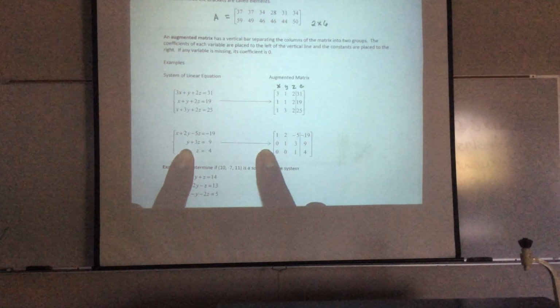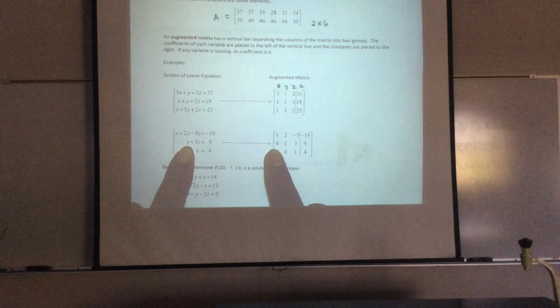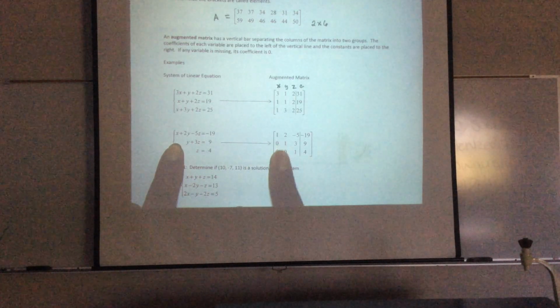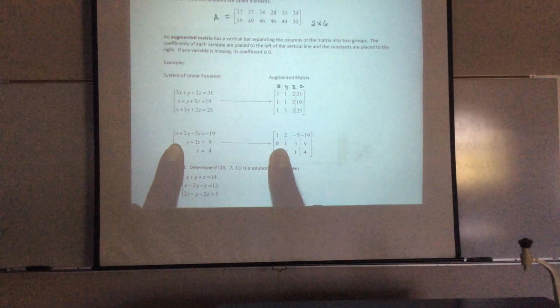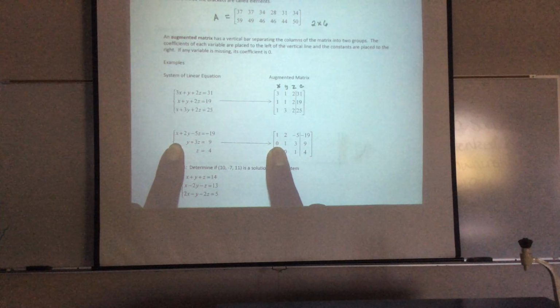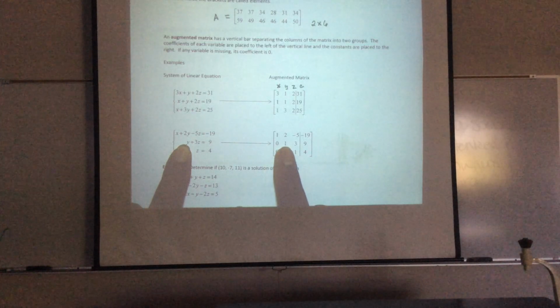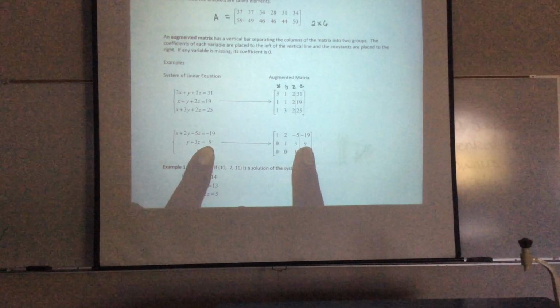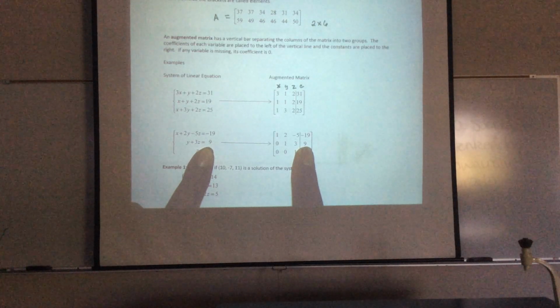Now on the second equation, y plus 3z is equal to 9, there is no x term. So we need a coefficient there, which is going to be 0. For the y, that coefficient is 1. For z, that coefficient is 3. And for the constant term, it's going to be 9.